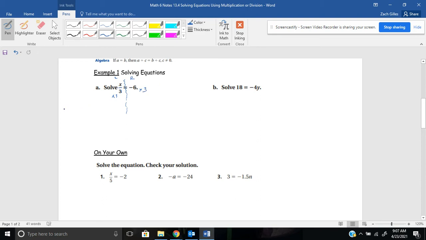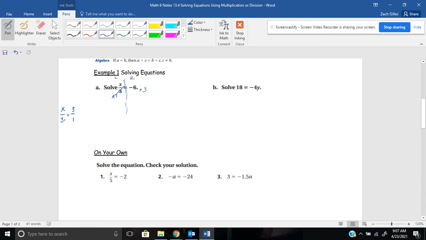And just to be clear, again, I want to show why multiplying by 3 and dividing by 3 cancel each other out. So I had x over 3 times 3. And since this is a fraction, I'll make this a fraction by putting a 1 under it. Before I multiply fractions, I can look to cross simplify.